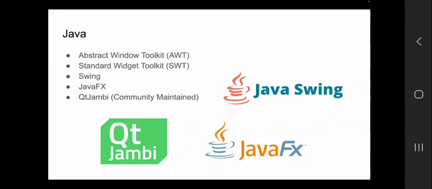And the same goes for Standard Widget Toolkit, which is not part of Java, and it is an external framework, mainly developed for Eclipse, by the Eclipse Foundation, and so forth. And Swing has been a little more popular than AWT and SWT, and some applications have been written on Swing as well.